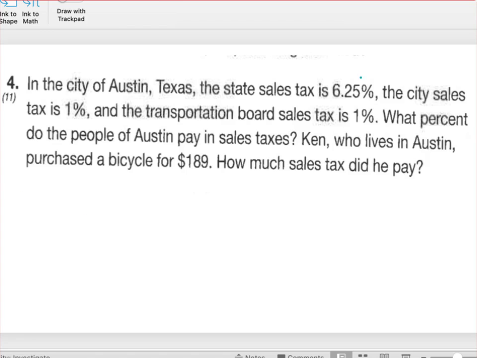Okay, so 6.25% plus another 1% plus another 1% is going to be 6.25 plus 2 whole percent. So 8.25% is the sales tax, okay? And he buys a bike for $189. So $189 is what we're going to multiply by.